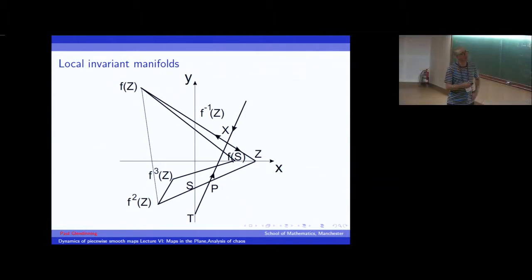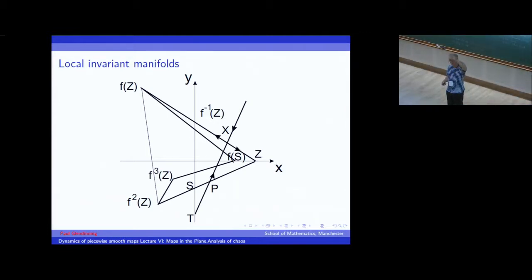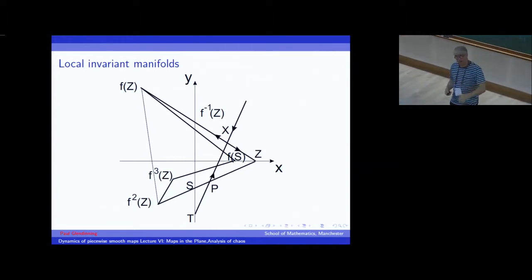On the stable manifold, I've got an eigenvalue with modulus less than 1, which is positive, so things are coming in from one side or from another. Negative eigenvalue means that each time you apply the map, you flip sides. Positive eigenvalue means that you stay on the same side.